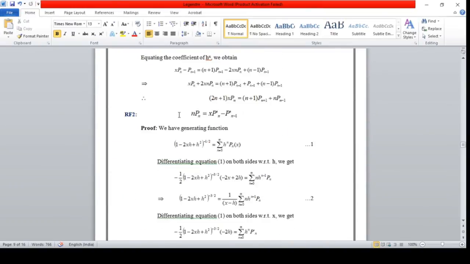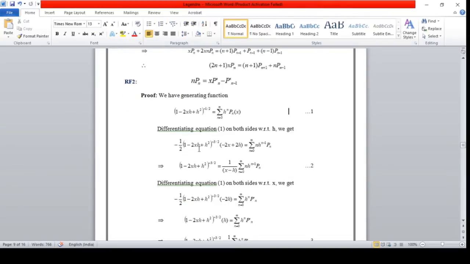Next, recurrence formula second: n Pn is equal to x P dash n minus P dash n minus 1. Same proof. We have again the generating function as in the previous recurrence formula. Differentiate with respect to h again.